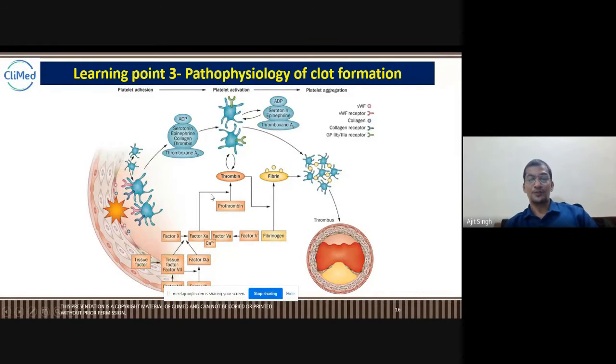First factor 7 will be converted into factor 7A, activated. So everything will be converted into activated form. Tissue factor will activate factor 7 into 7A, and this will activate factor 9 to 9A, and this 7A and 9A will convert factor X to factor XA.